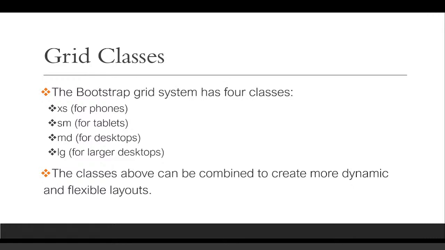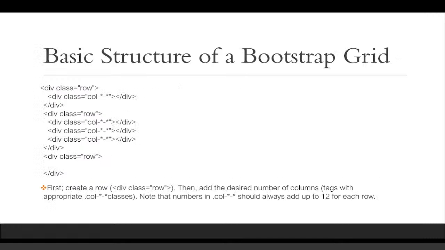But we can consider these more dynamic and flexible when we combine them and use them together. We have this example here, and this example is using just some structure. You can see here we create a row. We often create a row with a div, because that div is a non-semantic tag, so we can subdivide our content in a page just by creating a row.